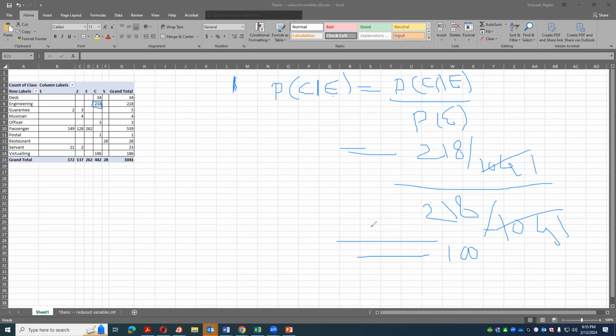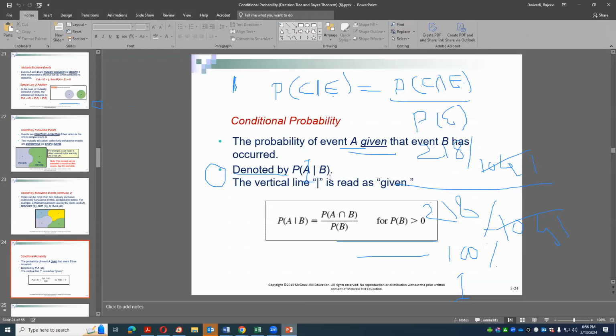Normally all probabilities are between 0 and 1, so basically this is 1, because there is no other option here. So conditional probability is this: probability of A given B equals probability of A and B divided by probability of B.